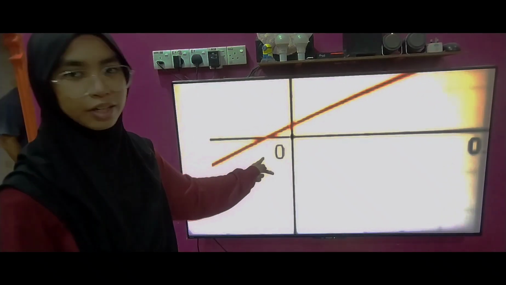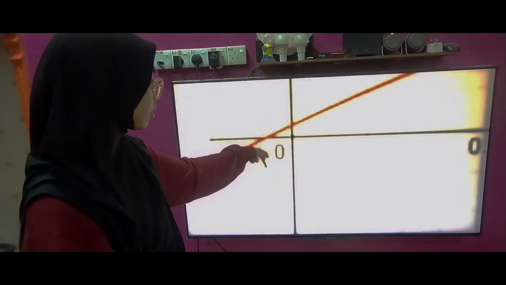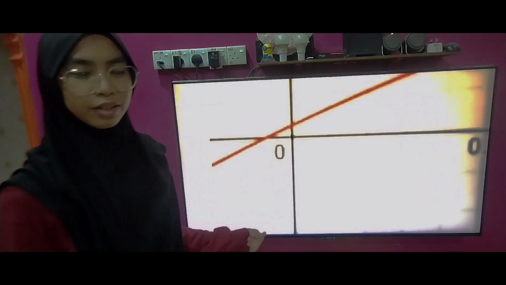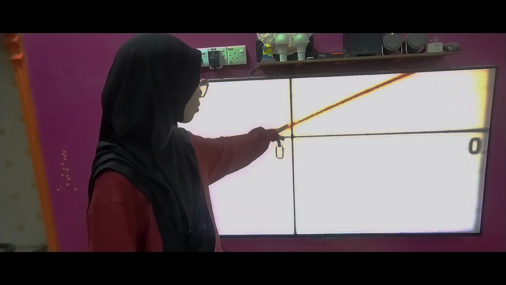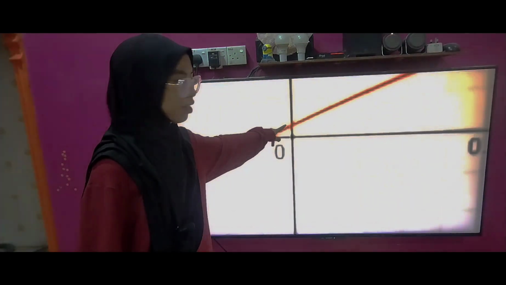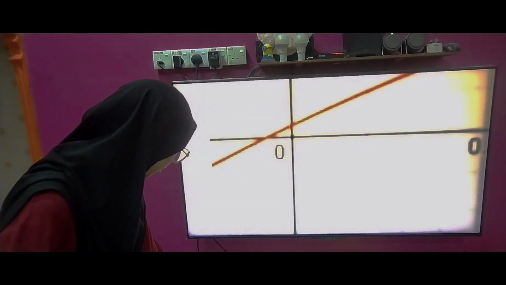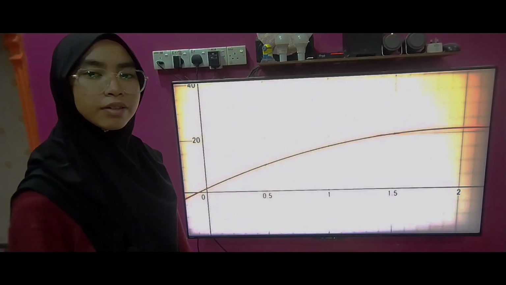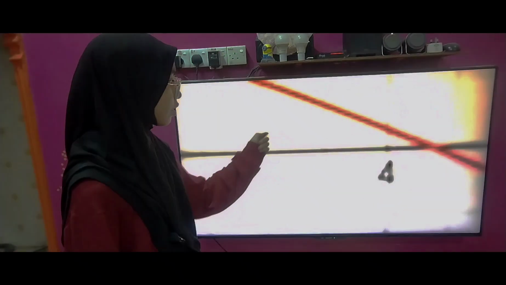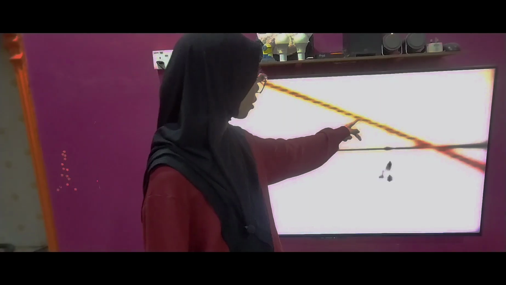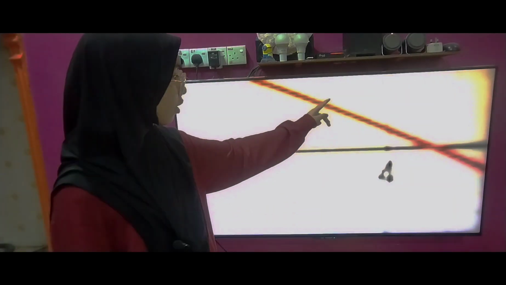the curve did not touch the origin, which means this represents the height of the archer, which is 1.5. So we can assume that this point right here is 1.5 because it represents the height of the archer. While on the other side, we can see that the curve did not touch 4, but theoretically, it will touch the 4 unit when it hits the target.